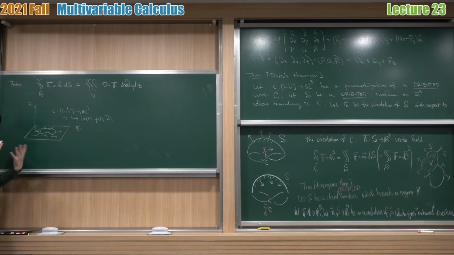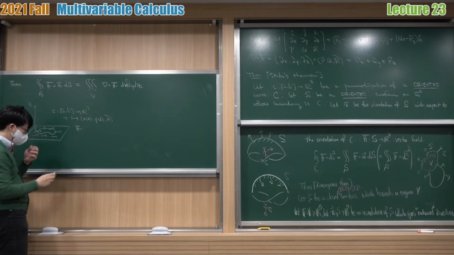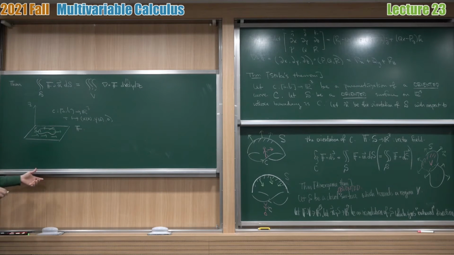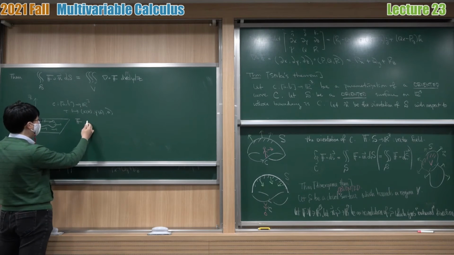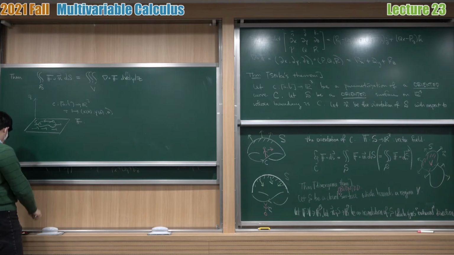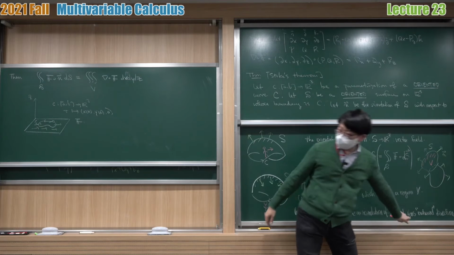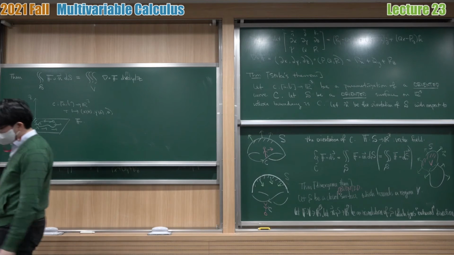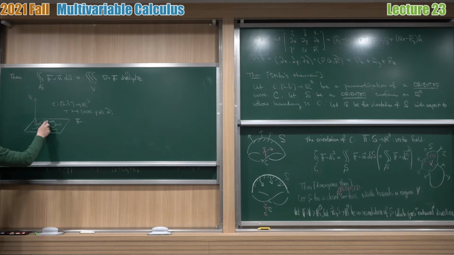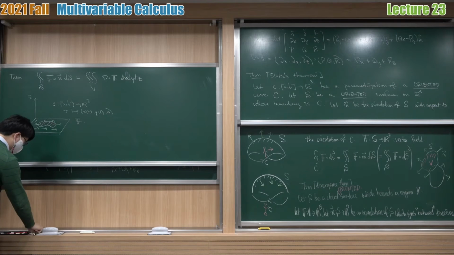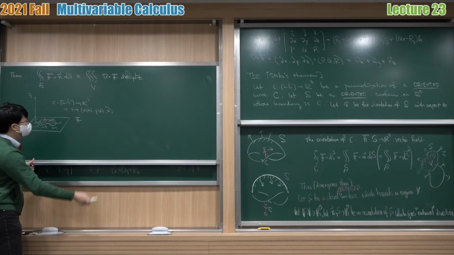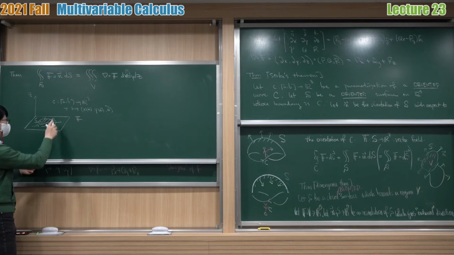Now, if I view that as a three-dimensional vector field, this function doesn't have to be defined on every plane. It only has to be defined inside the region that's bounded by the curve C. So I'm going to call it region D.